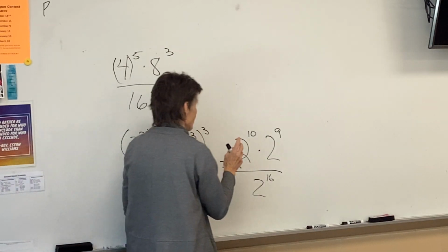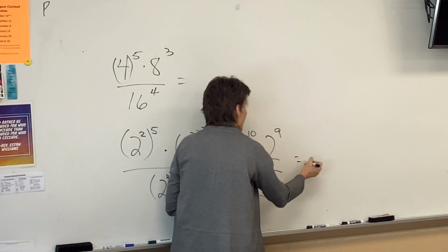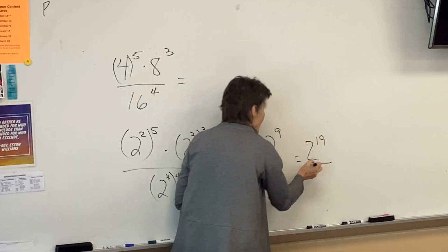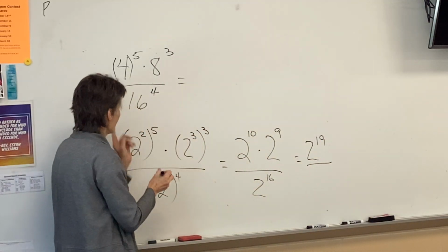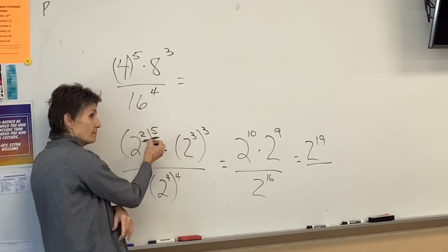When I multiply a 2 to the 10 and a 2 to the 9, I add the exponents. So this situation right here is multiplying.